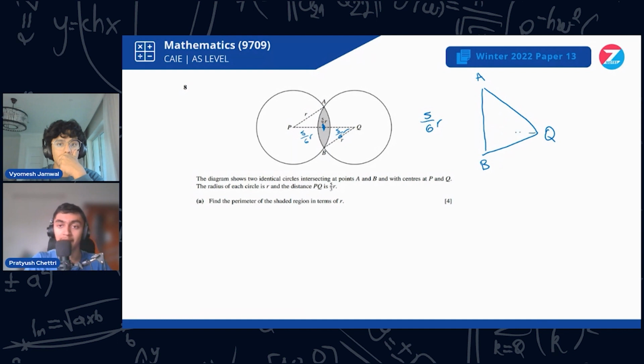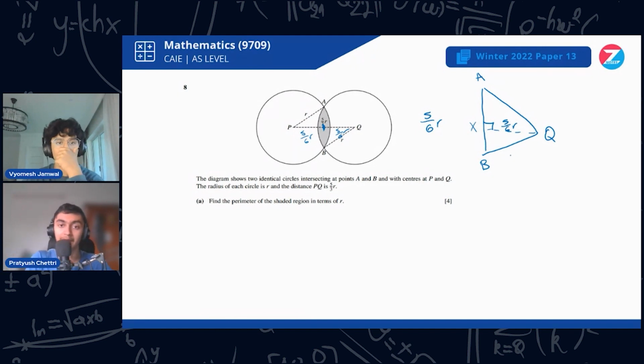And if I draw a line like this, it's 90 degrees to them because A and B are intersecting vertically. This is horizontal. And let's call this point, it's a nice letter, X. Let's call from point X to point Q, it's going to be 5 over 6R because we split in half.